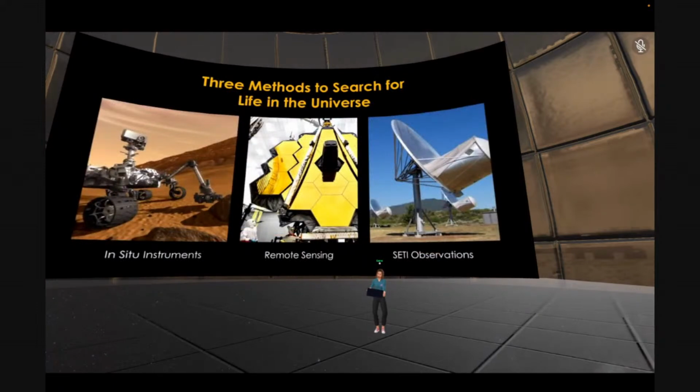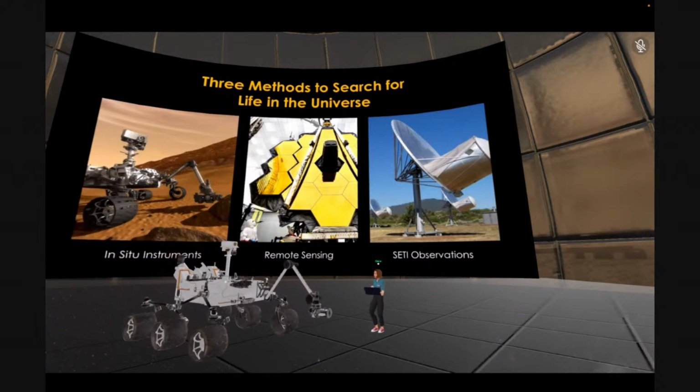And so there's three main methods to search for life in the universe. The first is using in situ methods, where we're literally sending a rover or a lander to another planet and investigating evidence for life.